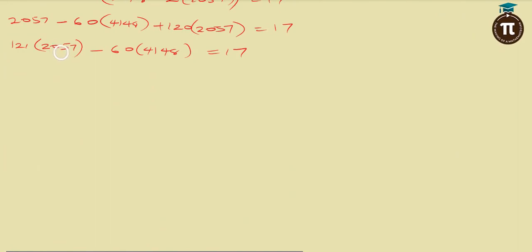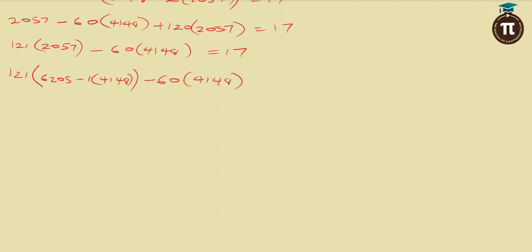So this is 2057. So we have 121 times 2057, which is 6205 minus 1 open bracket 4148. That is what we have, minus 60 times 4148 is equal to 17.